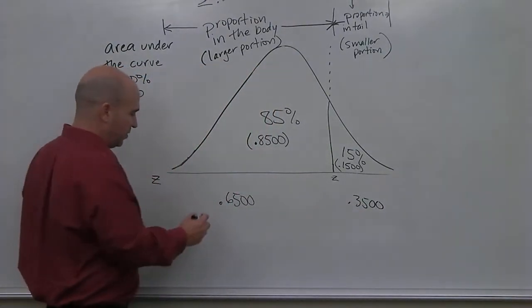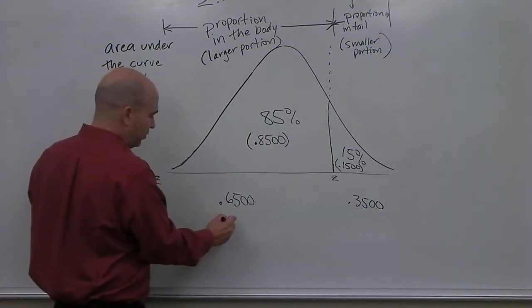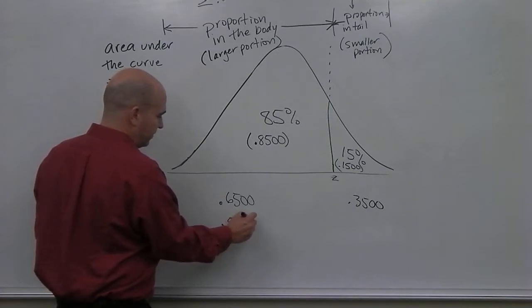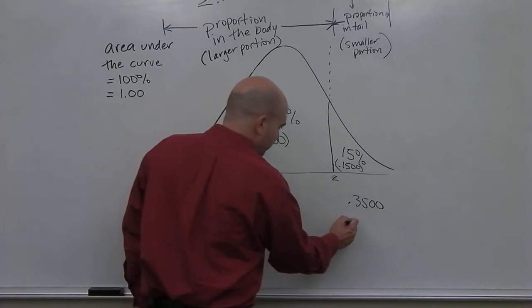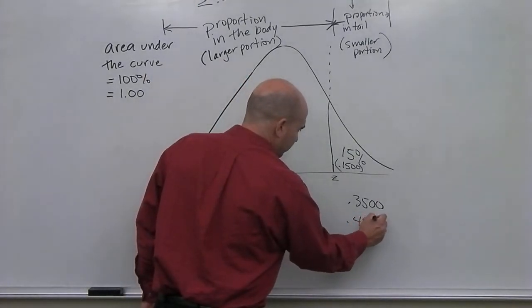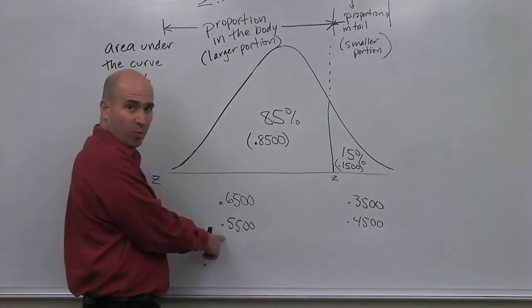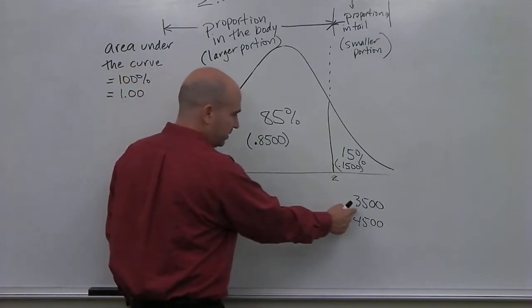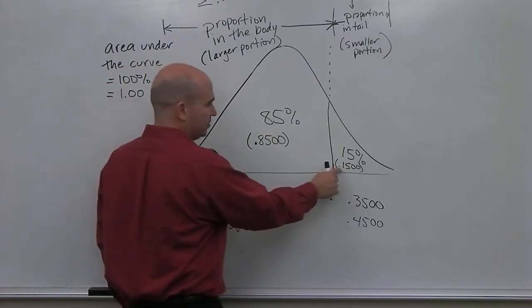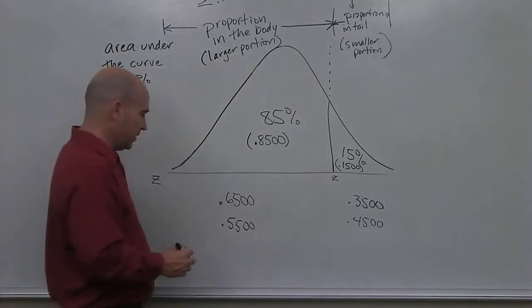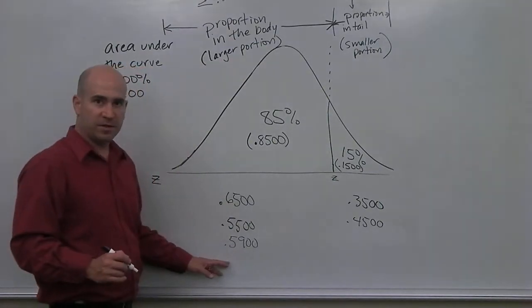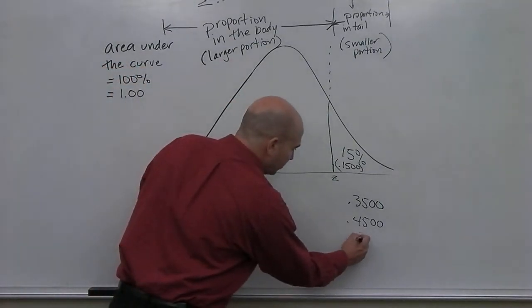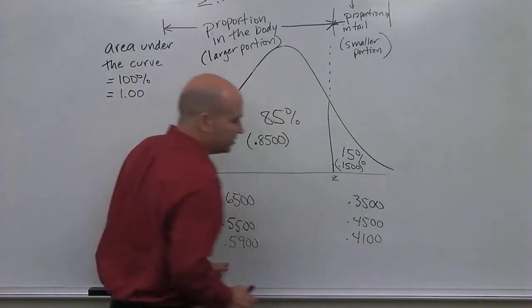Another example: if I had a proportion of the body of 0.55, then the proportion in the tail would be 0.45. Notice how these two add up to 1, just as these two did, and just as these two do. They all add up to 1. If I had a proportion in the body of 0.59, then the proportion in the tail would be 0.41, and so on.